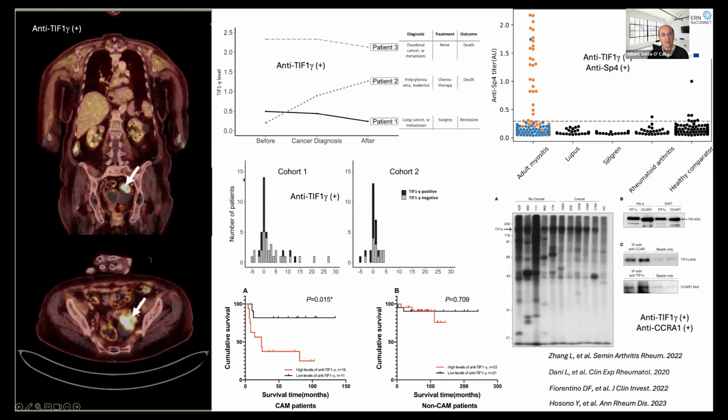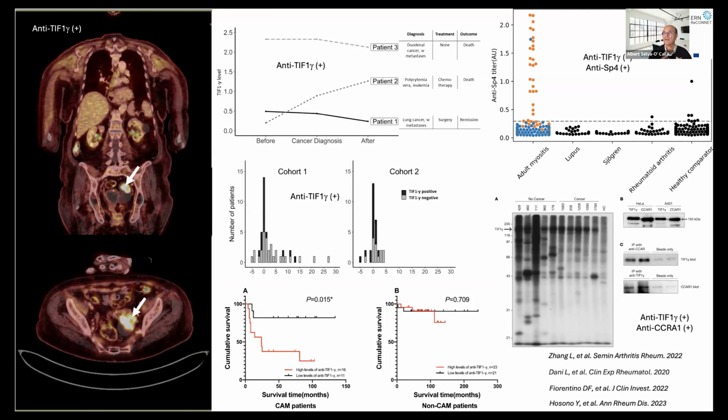So this is talking about cancer and antibodies, a good marker, but recently we have known that other antibodies, as you can see here, anti-SPT4 and anti-CCR1, may modulate the risk of cancer. When patients with dermatomyositis and anti-TIF1 gamma positive antibodies develop also anti-SPT4 or anti-CCR1, the risk of cancer decreases.